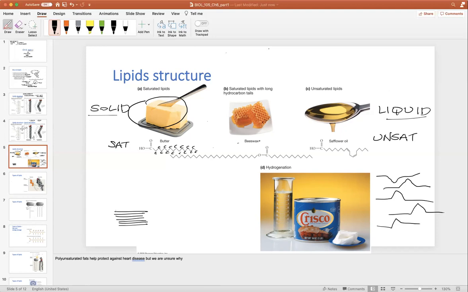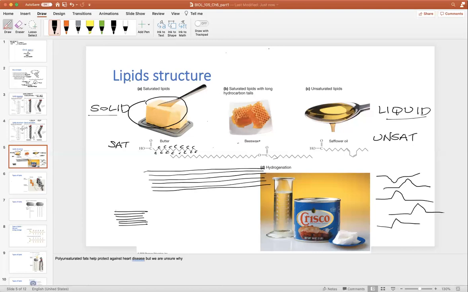But what about something like beeswax, okay? That's a nice rigid solid, even at room temperature. And the reason is we have these very long lipids that can lay on top of one another, okay? And so that contributes to the rigidity of a lipid.